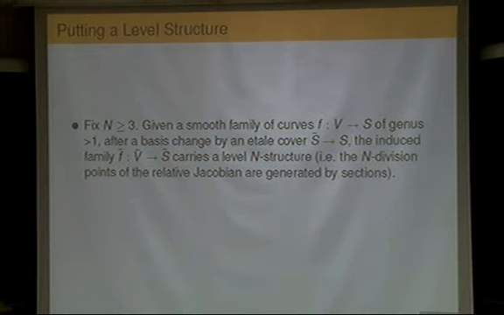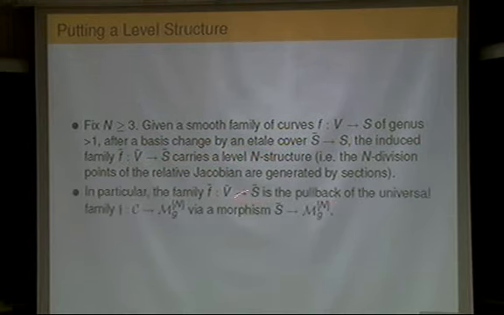In other words, after taking an étale cover, you can make it come from the universal family. So after taking an étale cover, this family just comes from the pullback of the universal family by a morphism from the base into the moduli space. This is just a technical point, but necessary.